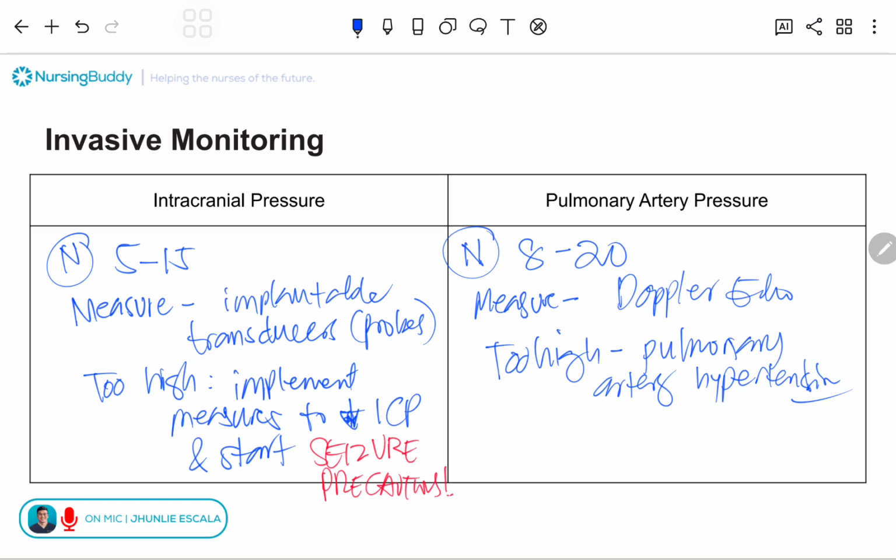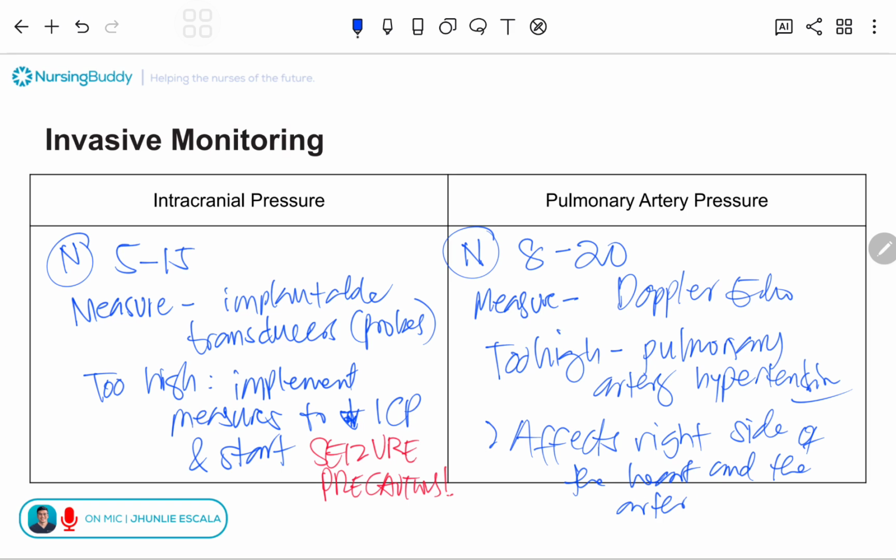Okay? So if this happens, what would this mean? Because it affects, kapatid, the right side of the heart and the arteries going to the lungs.